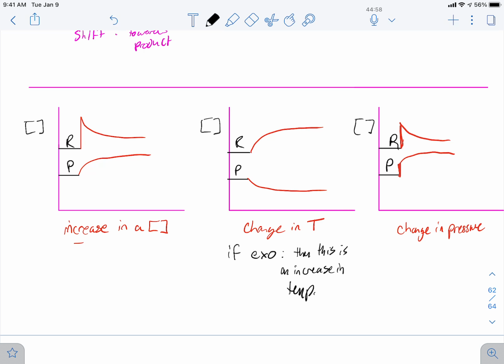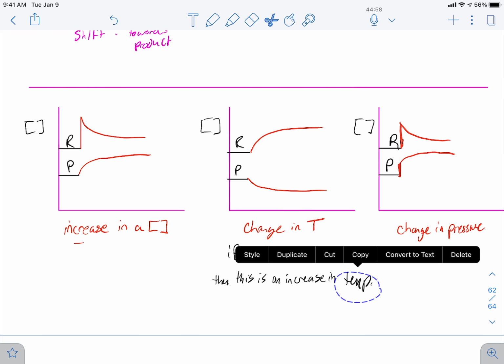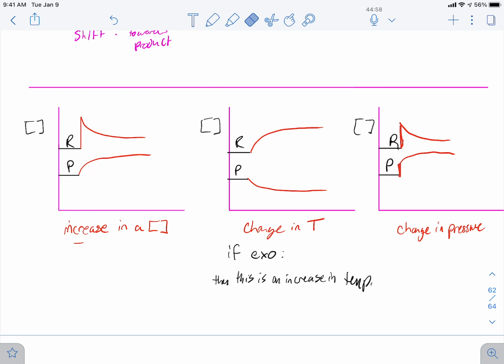So that's a kind of question we could ask. I could also ask if this was an endothermic reaction, have we increased or decreased the temperature? So I guess maybe I'll organize this a little bit nicer, and I'll write out the question.